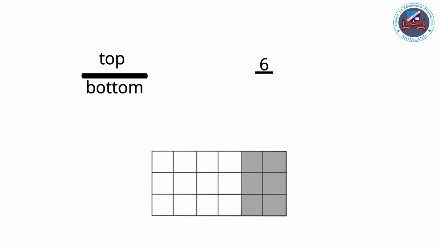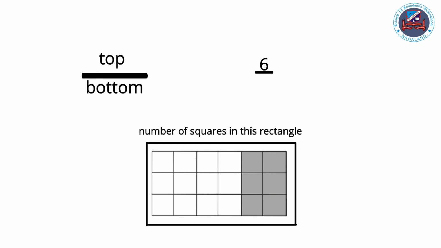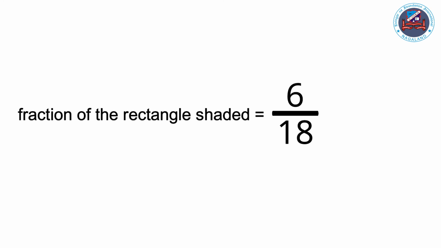And the number on the bottom will be for the number of squares in this rectangle. We know that there are 18 squares altogether in this rectangle, so we write 18 on the bottom. So, the fraction of the rectangle shaded is 6 by 18.